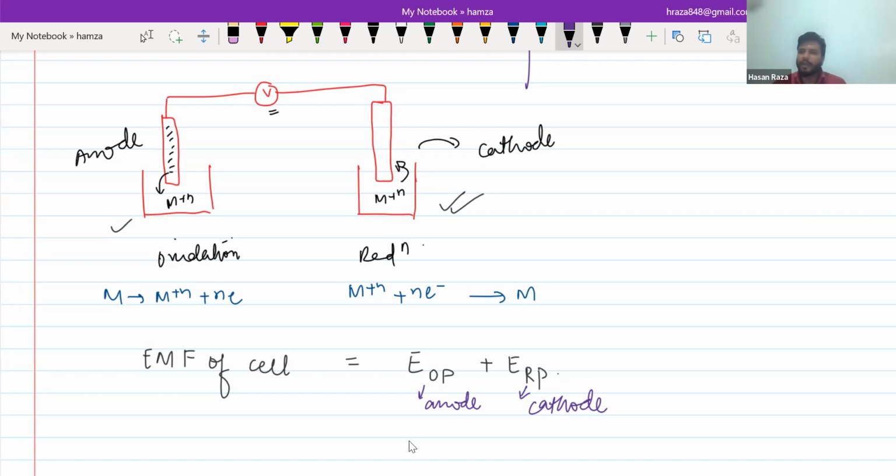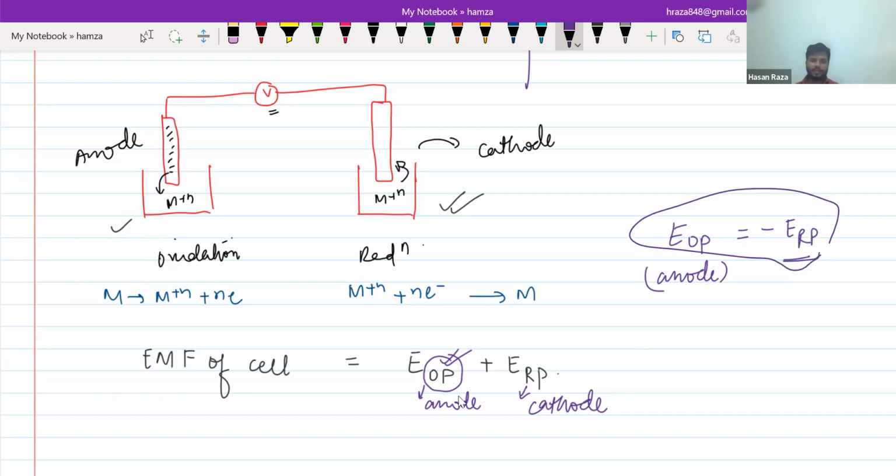And I told you that whenever you calculate electrode potential, just change this. If it is oxidation potential, you need to change it into reduction potential. So the oxidation potential of the anode will be equal to minus of the reduction potential. Just change the sign.